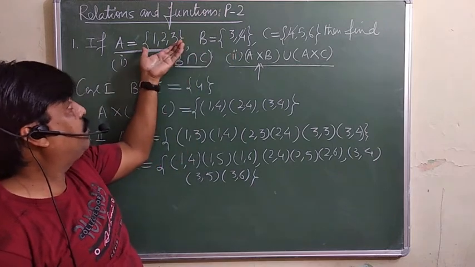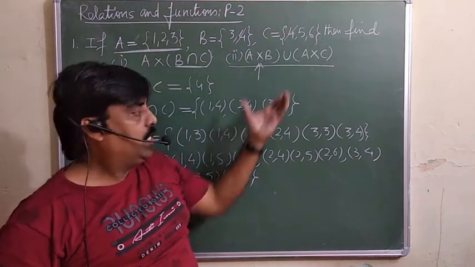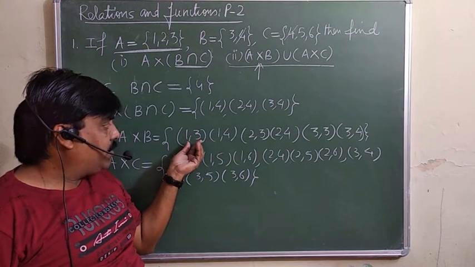Until now, what were we doing? We were taking the union of sets only. Now, it is also a set, but its elements are ordered pairs.